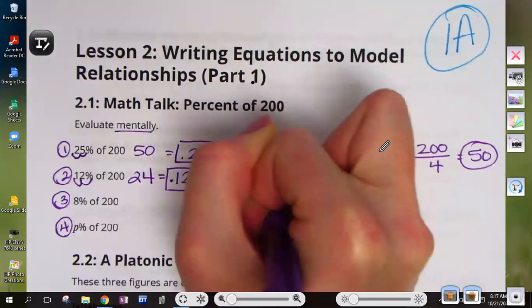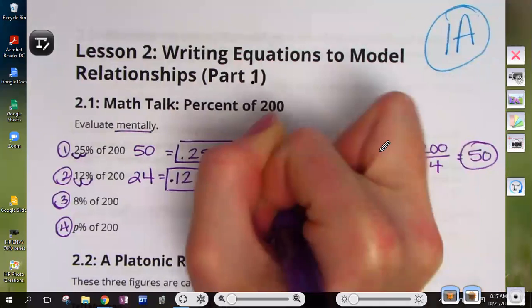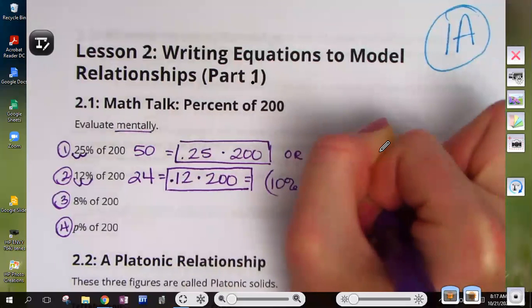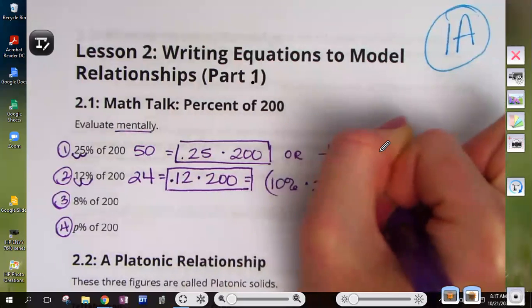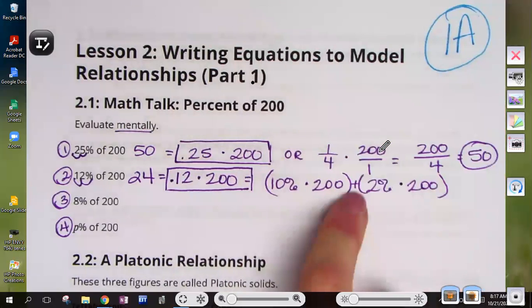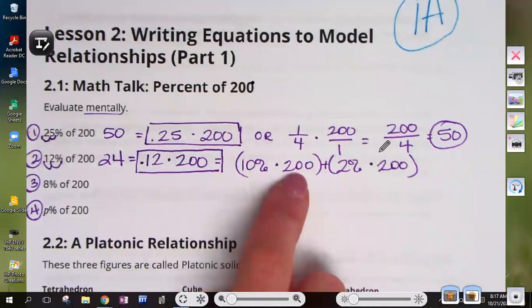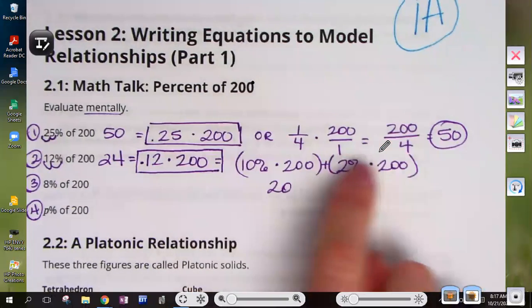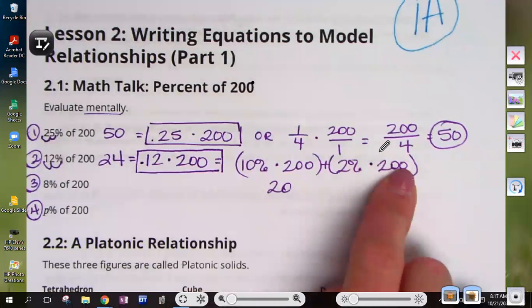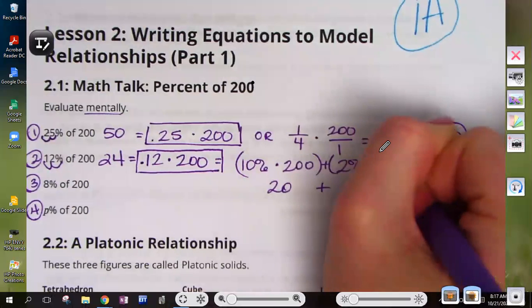So you said 10% of 200, and then you said plus 2% of 200, and then you added them together. Okay, so 10% of 200 was 20, and then 2% of 200 was 4. So we added those together and got 24.